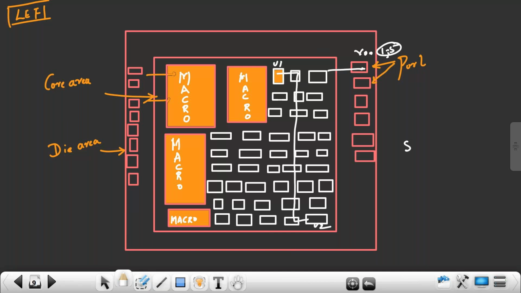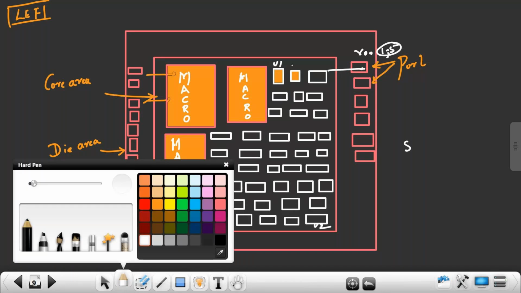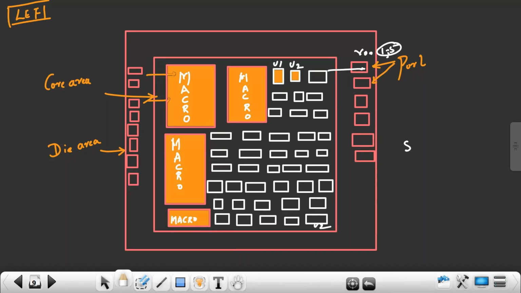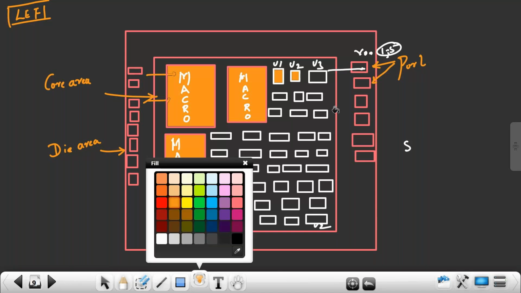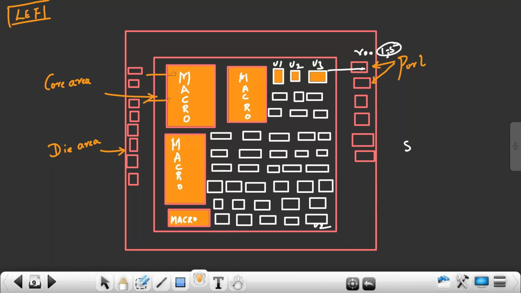So place the cells inside the core area. It's not so simple. My tool should analyze the cells which are having connections to each other. They have to place them nearby. So if this is my U1 cell, this should be my U2 cell. And this should be my U3 cell. So cells having connection should be placed nearby. Only cells are placed, but not yet connected.